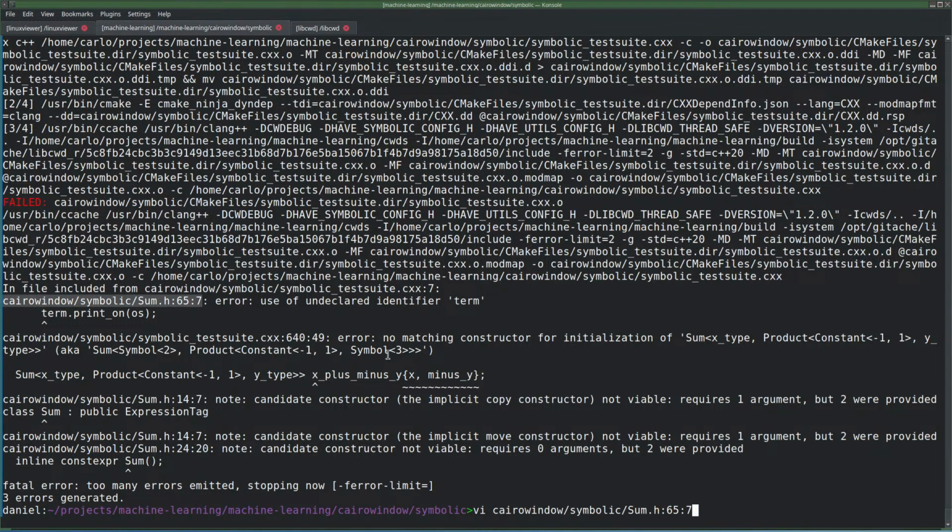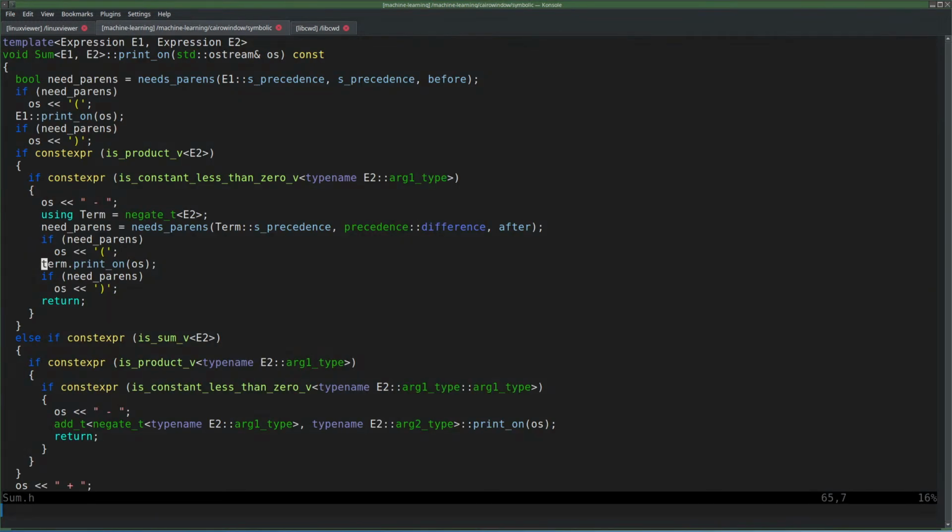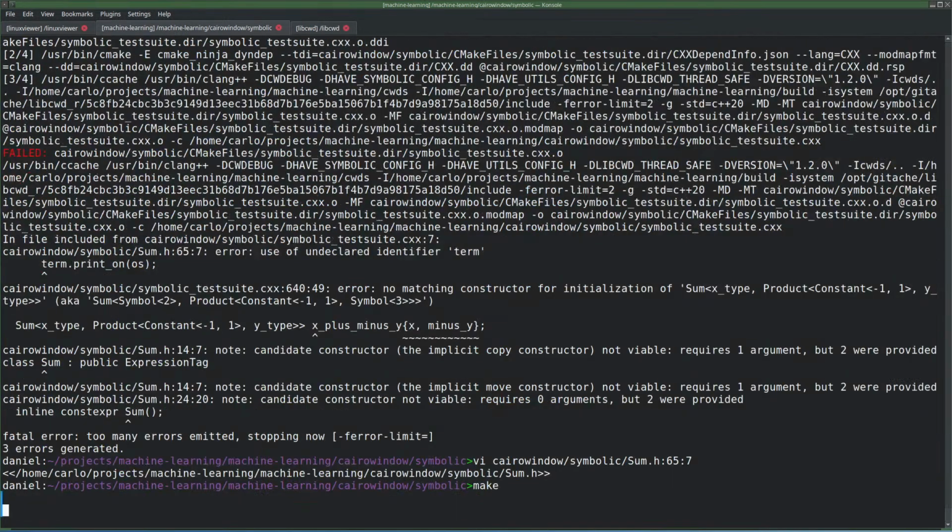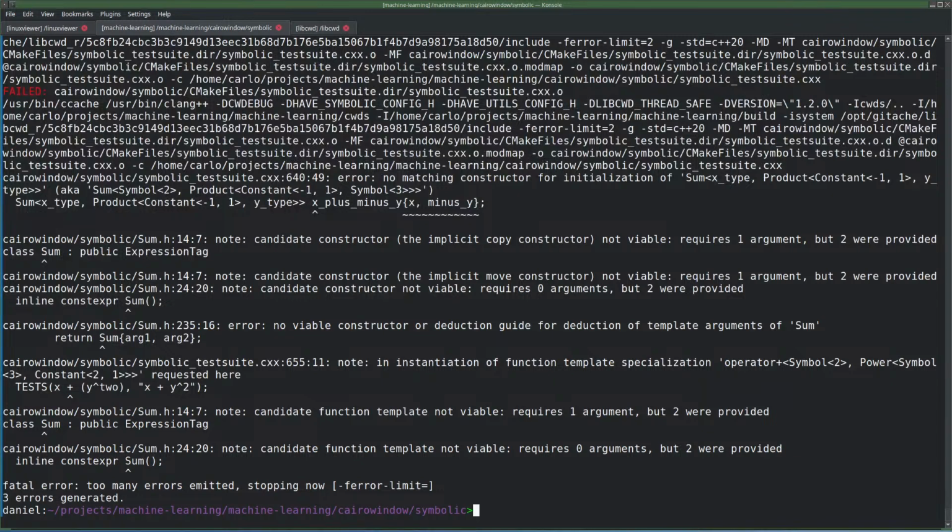I missed that one. Term is now a type. Oh, all the way to the testsuite. No, my sum.